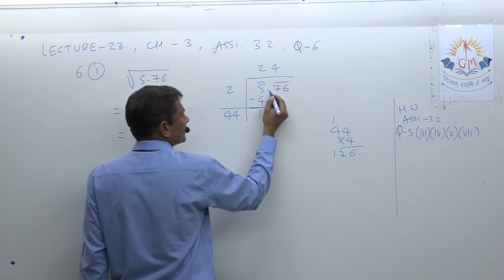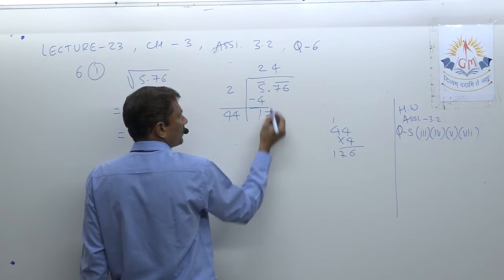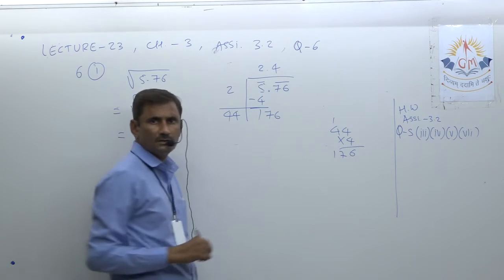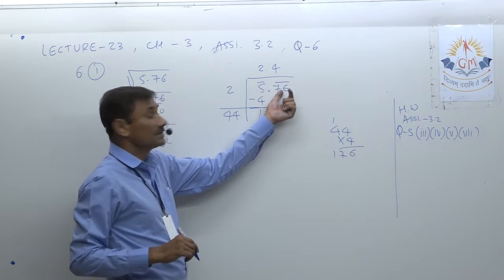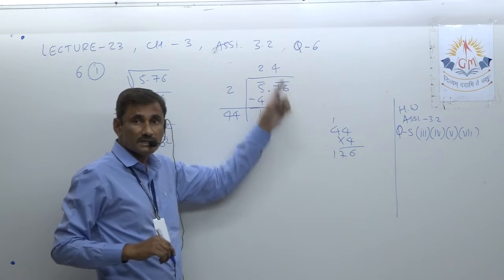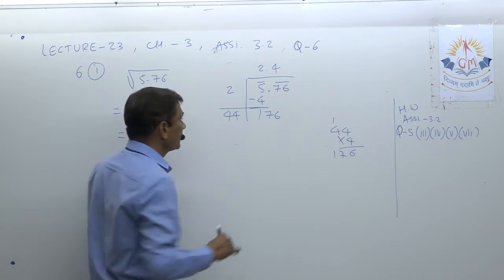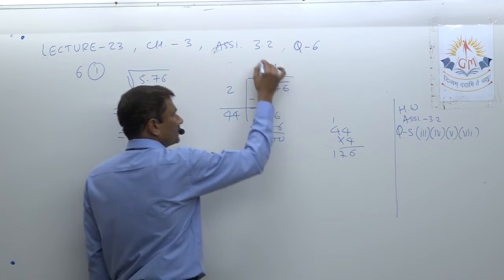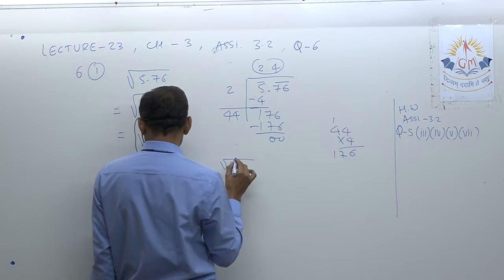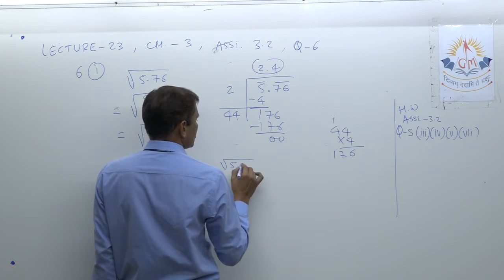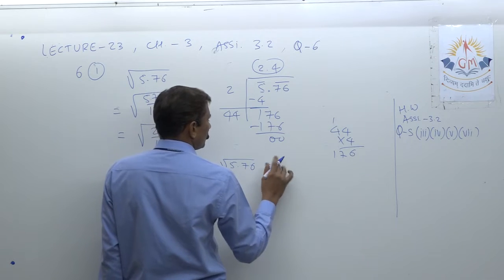But as soon as the digits from the point came, you should place the point first of all. Why? Because we have just entered the decimal portion, so here also decimal digits will be there. So it is 176, subtracted, remainder 0 we got. So this is our answer: root 5.76 equals 2.4.